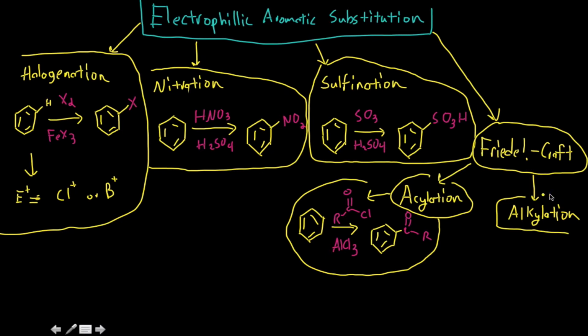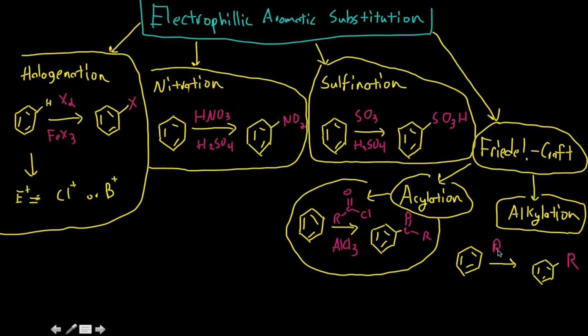Alkylation, though, well, there's other ways that you can do this, but I'm just going to go ahead and stick with what my outline shows. And so you have a benzene there. We're going to react that, and your substituent is going to be just a carbon group, a long carbon chain.